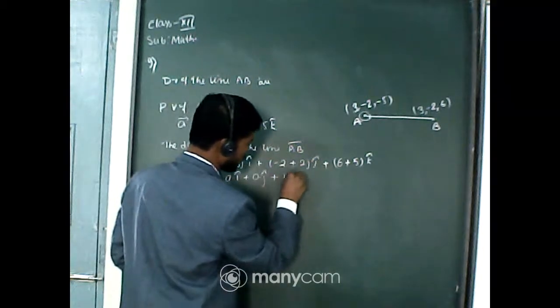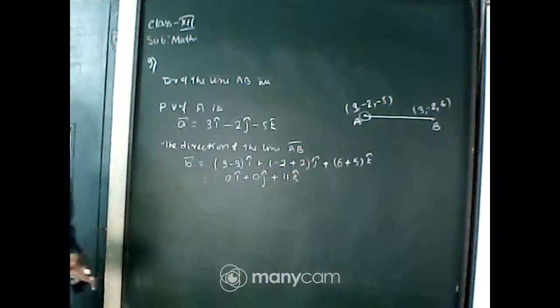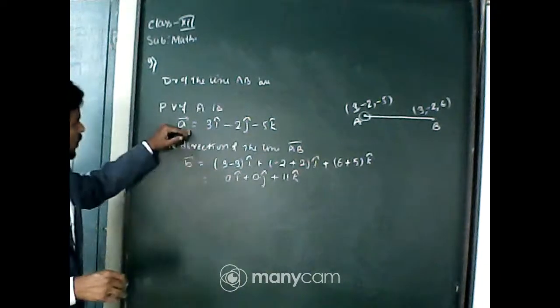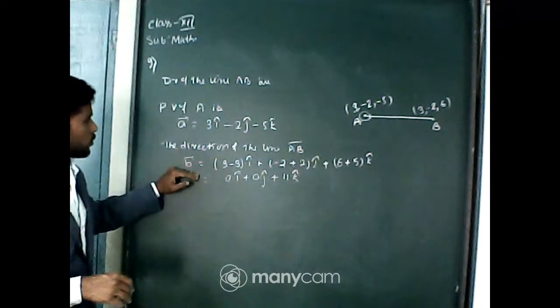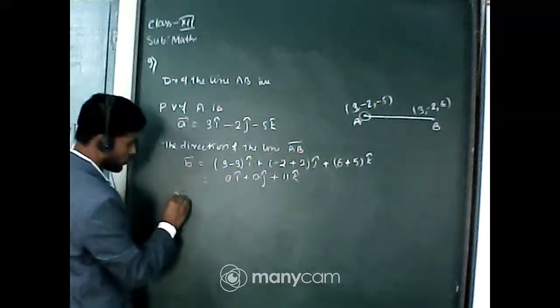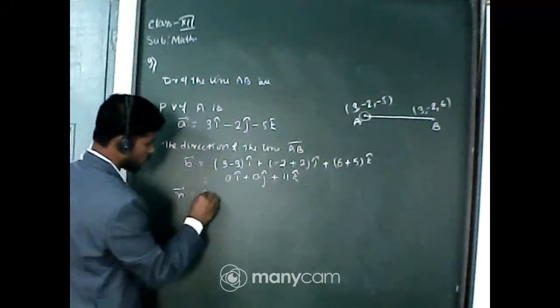Now we have to find the equation of the line passing through the a vector and parallel to the b vector. So the equation of the line will be r vector is equal to a vector plus lambda b vector.